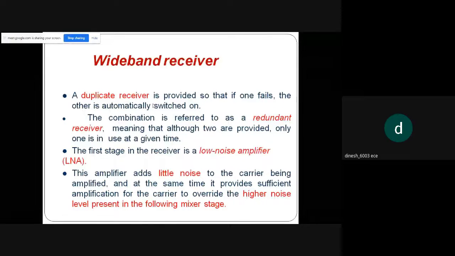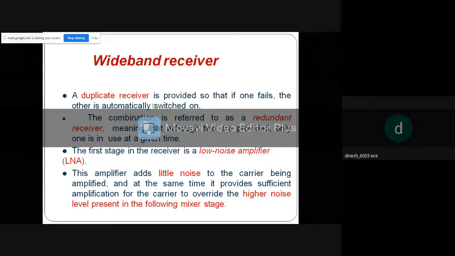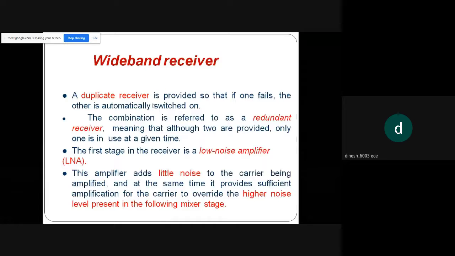This uses a first stage in the receiver called the LNA, low noise amplifier. This amplifier adds little noise to the carrier being amplified, and at the same time it provides sufficient amplification for the carrier to override the higher noise level present in the following mixer stage. So let us see the wideband receiver.